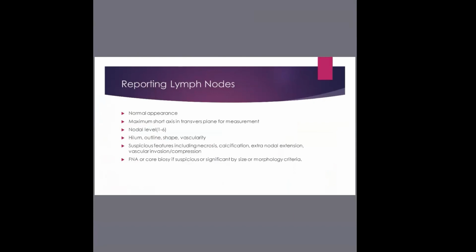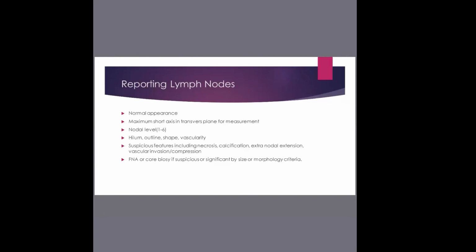So you can say this and that lymph node measures that in maximum short axis dimension, not significant by morphology or size classification. Morphology means you're telling them that it's still maintaining the oval shape and the size is within the 10 millimeter limit.